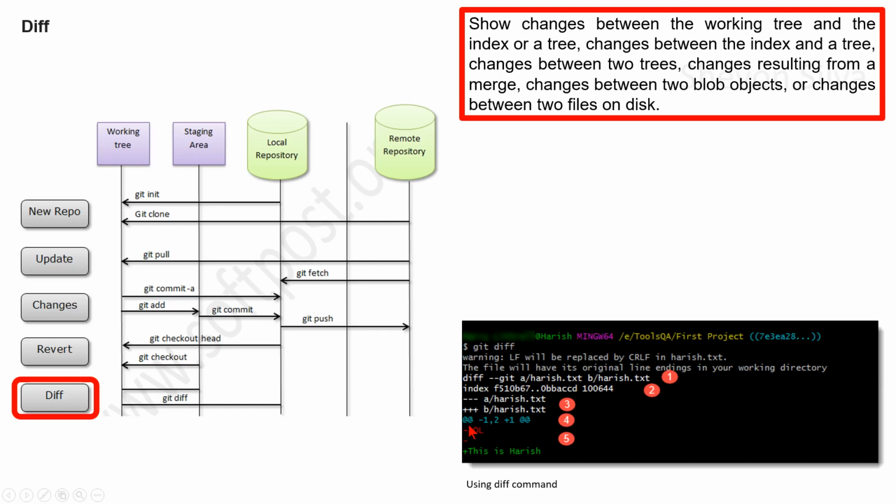Here chunks can be seen as @@ -1,2 +1 @@. This means that lines 1 and 2 were changed in the first file and line 1 was changed in the second file.